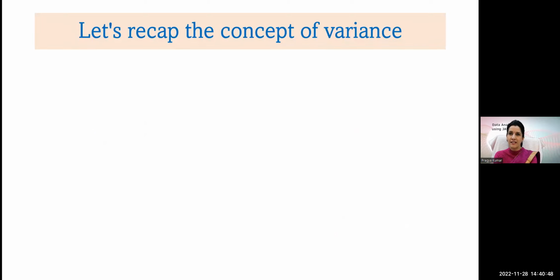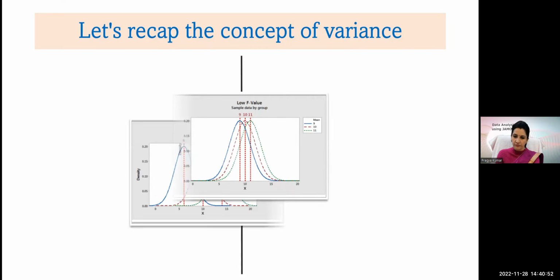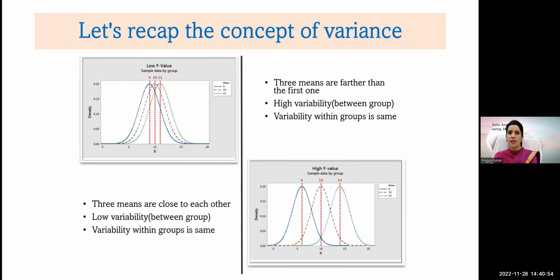So now let's again recap the concept of variance. Here you can see again the same thing. In this case you can see that there are three graphs which are highly overlapping. And the three means are also very close to each other, like 9, 10, and 11.